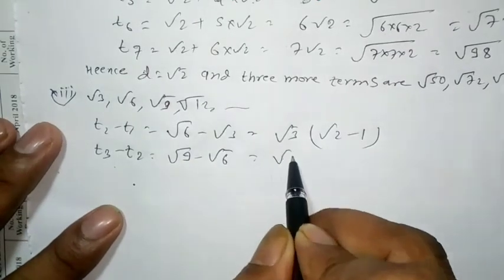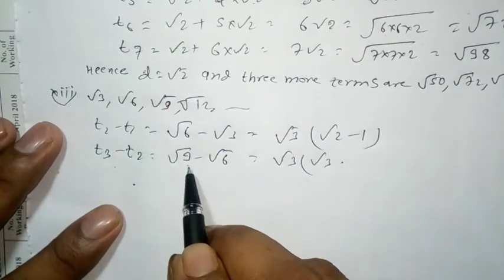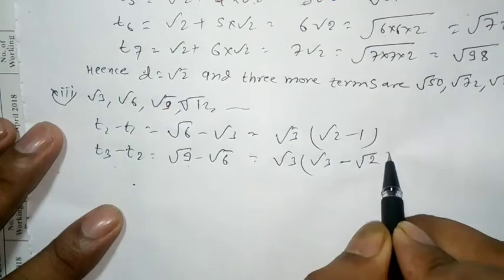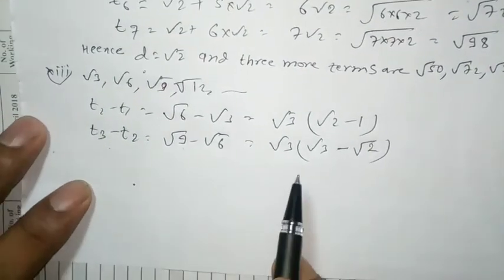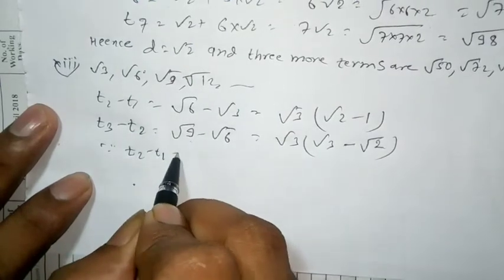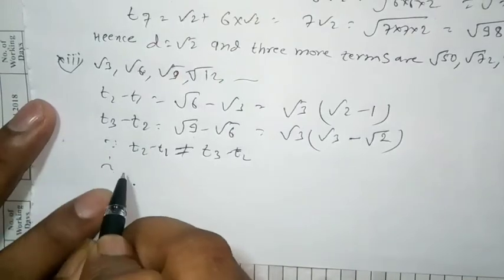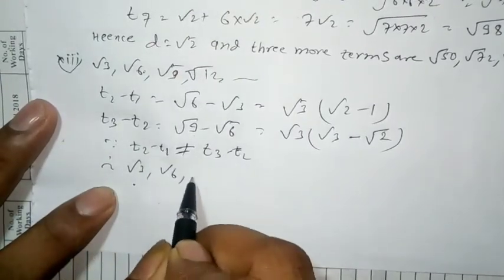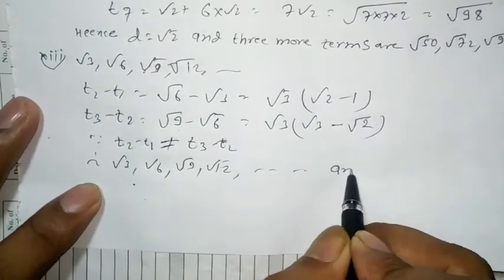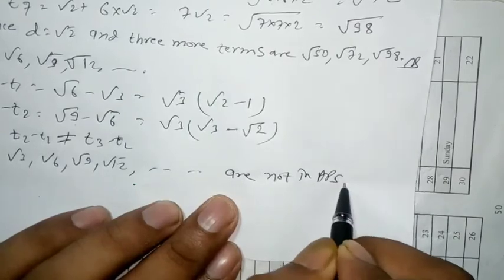Here also common, root under 3. Then root under 3, 3 3 are 9 and root under 3 2 are 6. Both are not equal. So we write here, because T2 minus T1 does not equal T3 minus T2, therefore root under 3, root under 6, root under 9, root under 12 dot dot dot are not in AP.